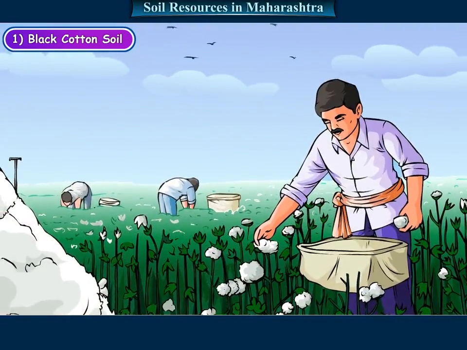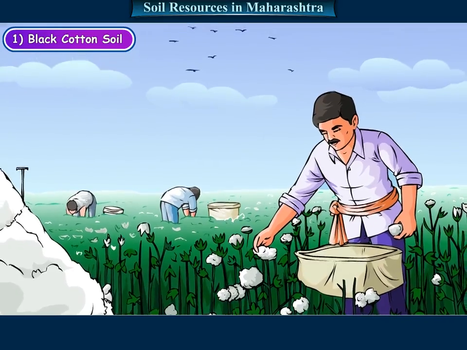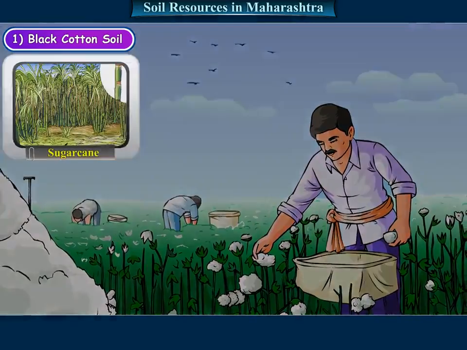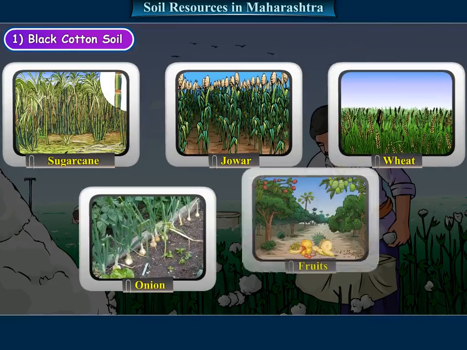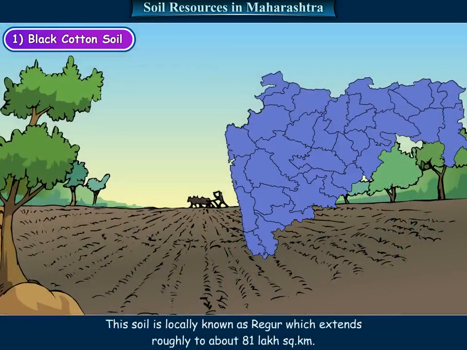Other than cotton, black soil is favorable for the cultivation of crops like sugarcane, jowar, wheat, onion, and fruits. This soil is locally known as Regur, which extends roughly to about 81 lakh square kilometers in Maharashtra.